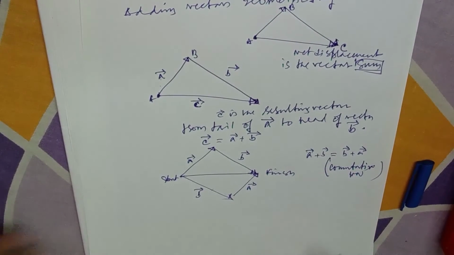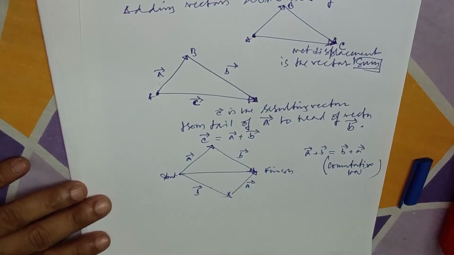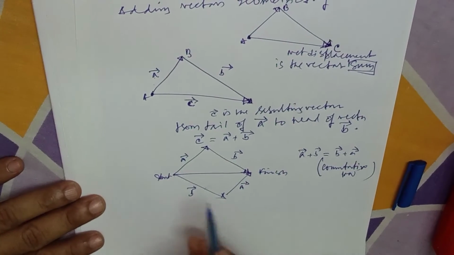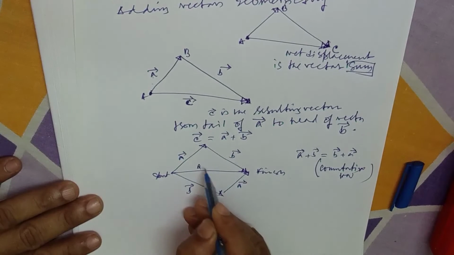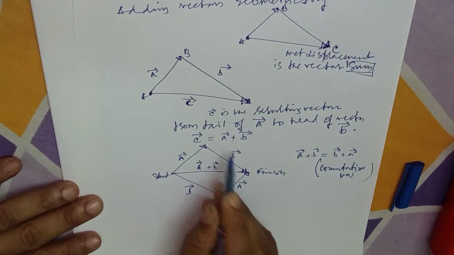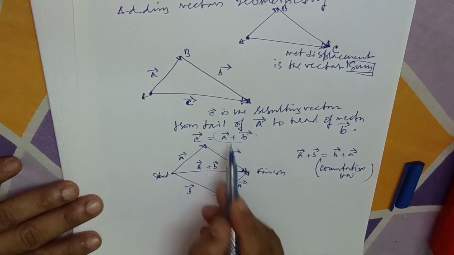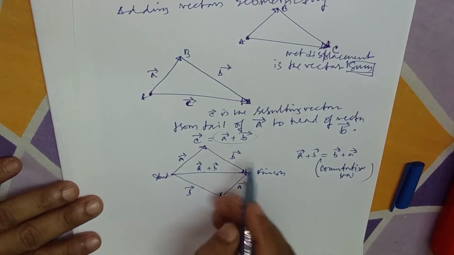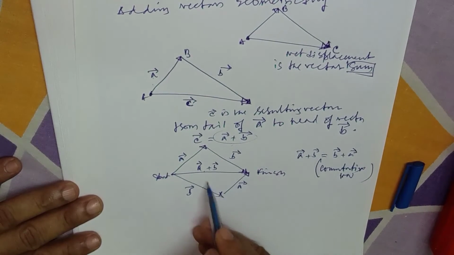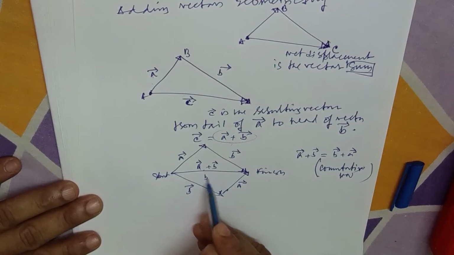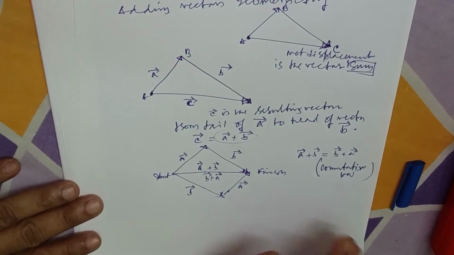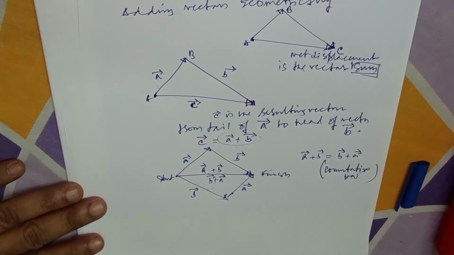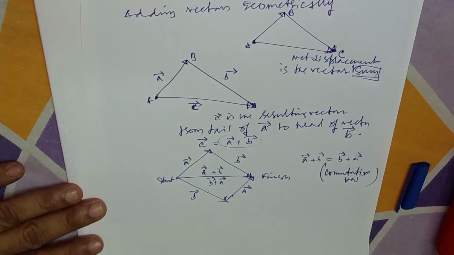And again, vectors can also be added by the associative law. So if we add this way, this will be vector A plus vector B, as we know from here. This is vector B, and this one is done B plus A. Now it can be done in the associative law also. How?